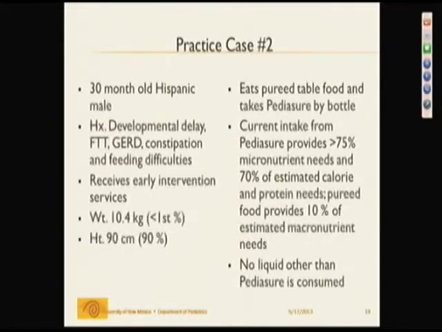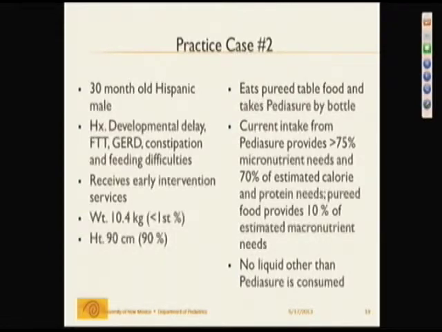Okay, and then part of an assessment that you could do here that is not included in what I gave you is you could calculate this child's fluid needs based on his age and weight and height, and then include that in your signs and symptoms, so that you're going to be looking at a change in fluid intake compared to the Pediasure, which I didn't do for you here, and the constipation as being a sign and symptom. Okay, and that would be a common picture for someone who has feeding issues and a history of reflux disease and developmental delay.